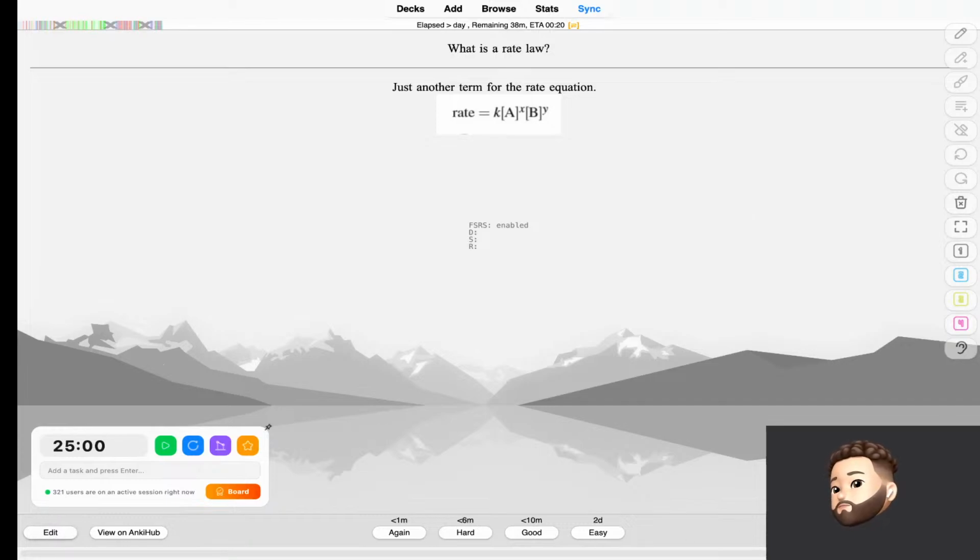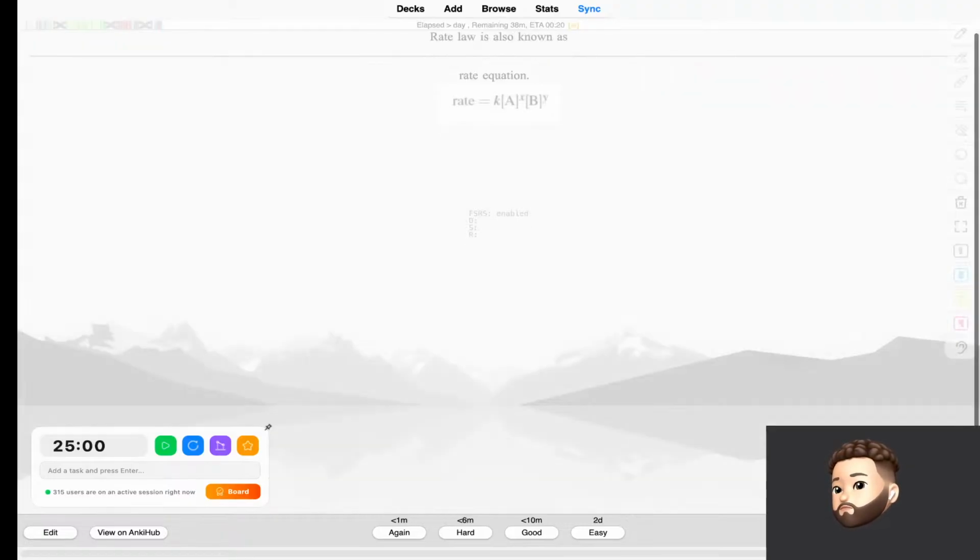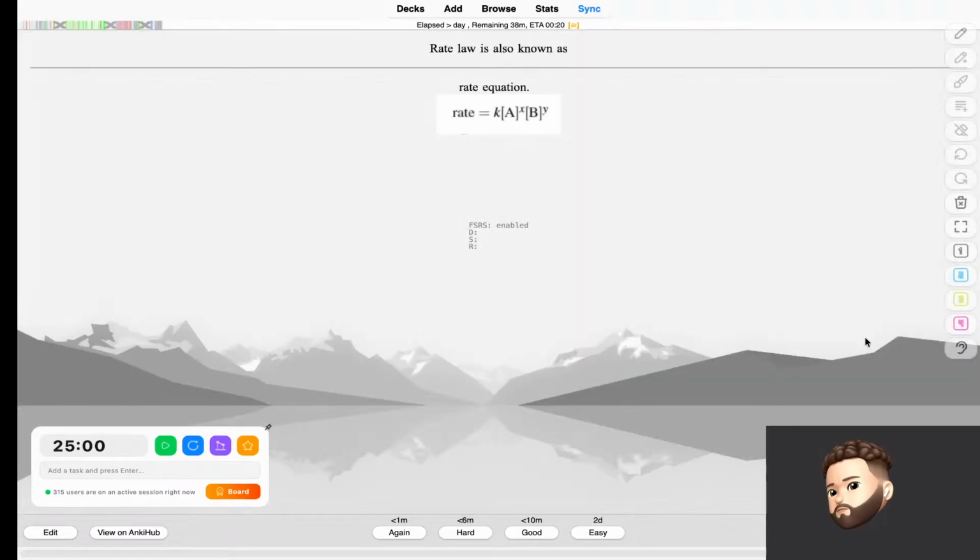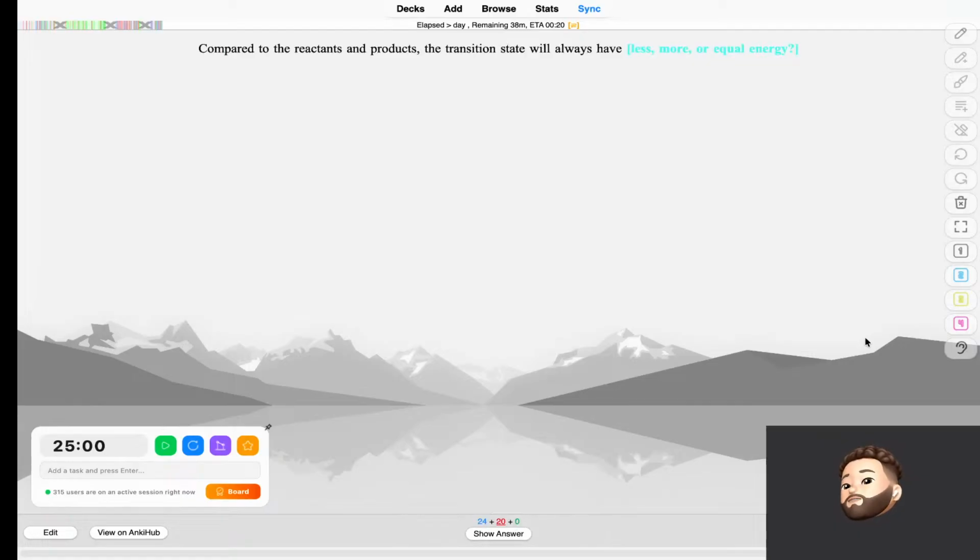I'm changing the wording of this card. Compared to the reactants and products, the transition state will always have more.